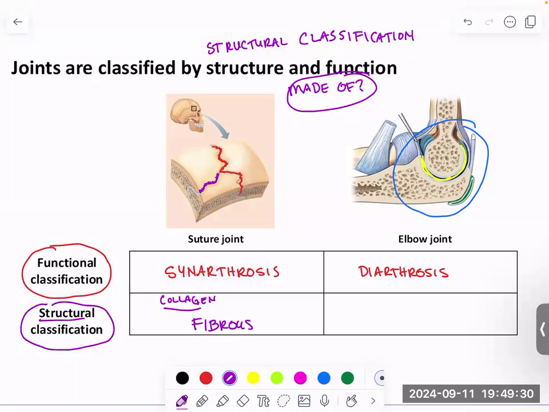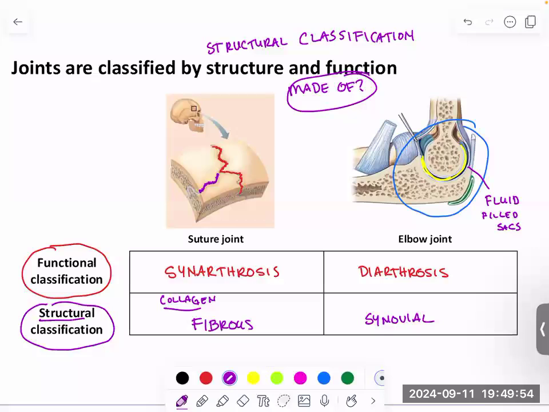If it moves a lot, odds are it's going to have those fluid-filled sacs. We're going to talk about these. Those fluid-filled sacs are called synovial: synovial sacs, synovial membranes.